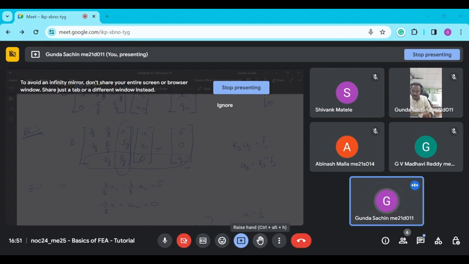Right now this K can be inverted. So this is how we do it when you do programming. First you apply boundary conditions, then you remove the zero rows and columns, and then you take the remaining sub-matrix of the stiffness matrix, invert it, and get the solution.